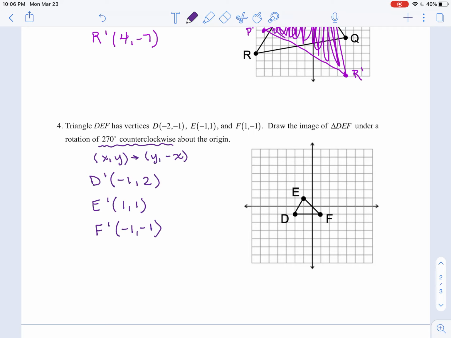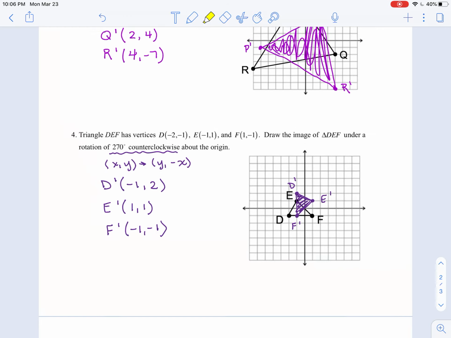Again, graph your image. And it should look like this.